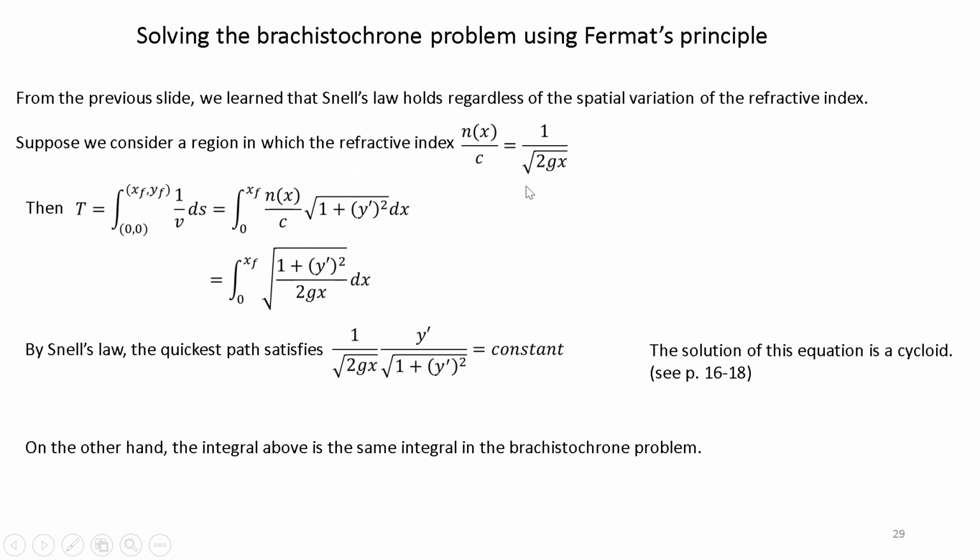So you see why I want to set this in a second. If I indeed set this refractive index function to follow this dependence, then if I go back and plug into this integral, the time taken for the light to travel is the integral of this function over here.